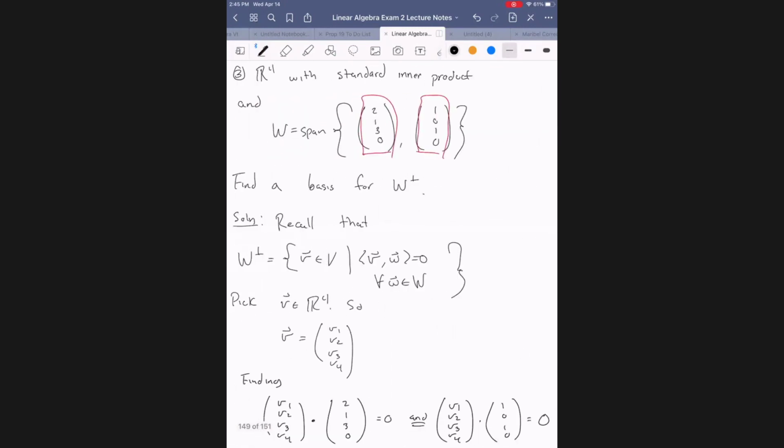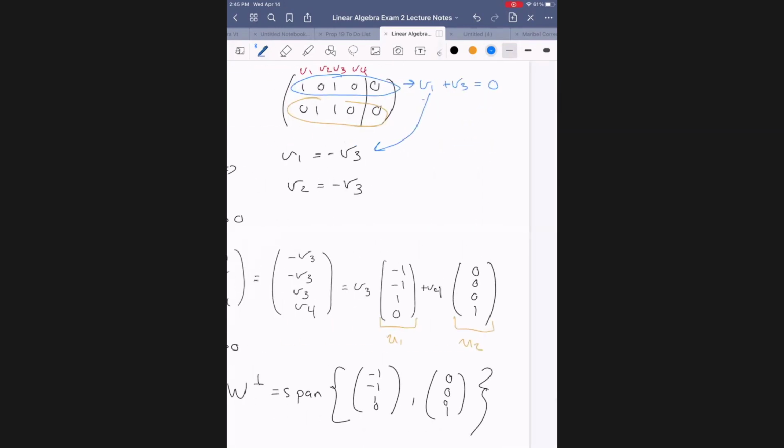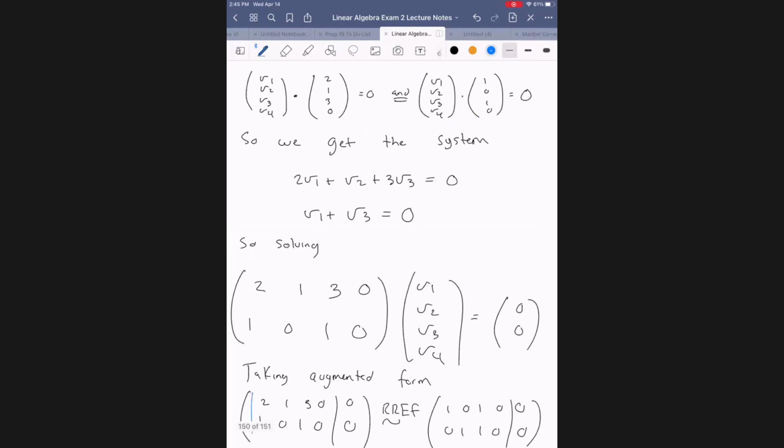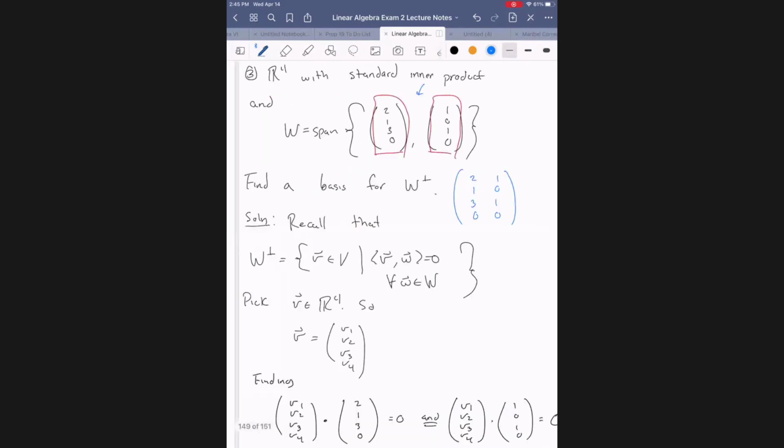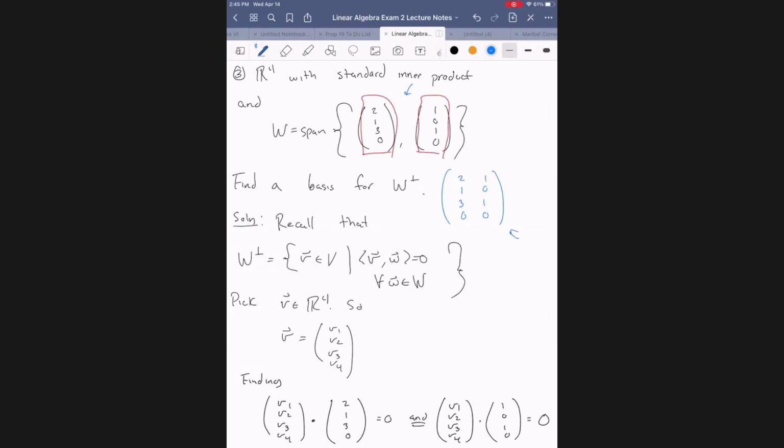If I were to set up the matrix 2, 1, 3, 0, 1, 0, 1, 0, remember what did I say the orthogonal complement was? It's just the null space of the transpose of this, which is exactly what we have here, right? This is the transpose of this matrix. However, I didn't show you this way because I might change the vector space, and if I change it, you're going to have to do this method right here. Okay.